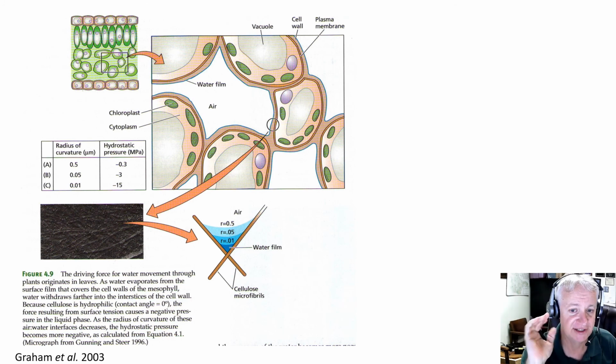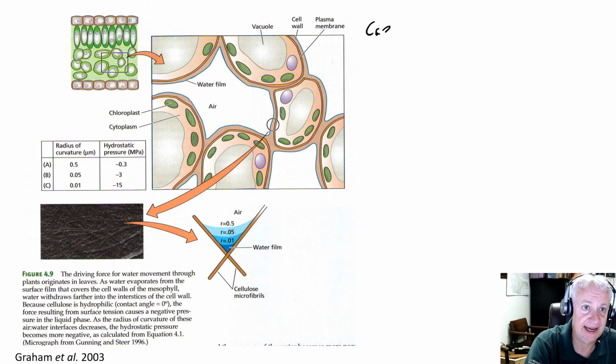Okay, so I just told you that capillary forces in xylem conduits are not the source of the pull that moves water by cohesion tension. I don't want to confuse you, but capillary forces are the source of pull when we're talking about the capillary forces in mesophyll cell walls.